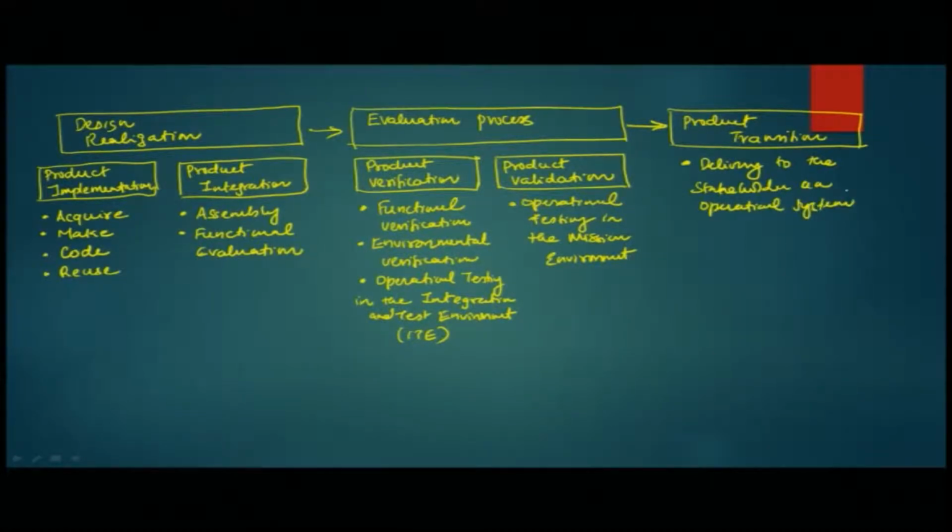And then you can think about each step feeding into the next. Here is step 1, step 2, step 3, step 4 and step 5. Step 1 is product implementation, step 2 is product integration, step 3 is product verification, step 4 is product validation, and finally product transition.